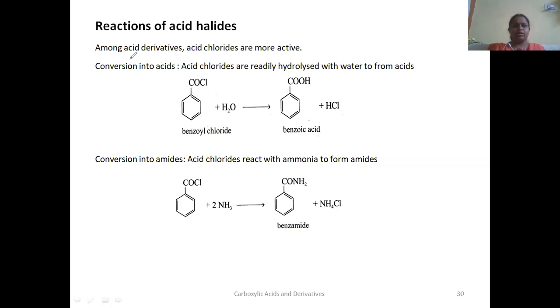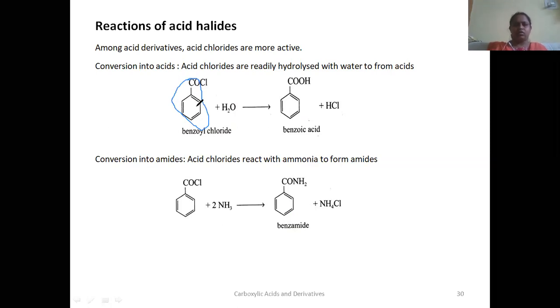Among all the derivatives, acid halides are the most reactive. If CH3 is here instead of benzene, then that will become acetyl chloride, because that will be derived from acetic acid. Since this is derived from benzoic acid, this is known as benzoyl chloride.